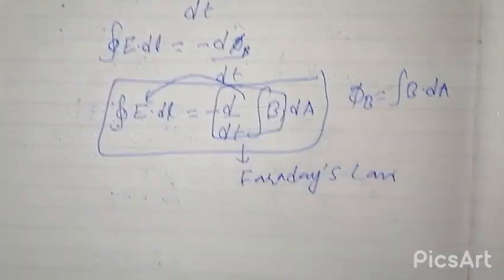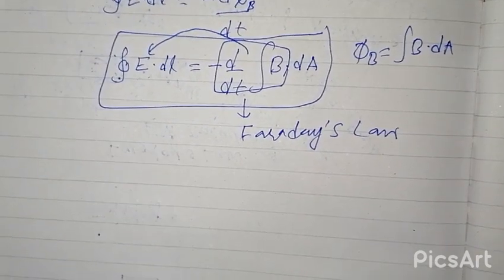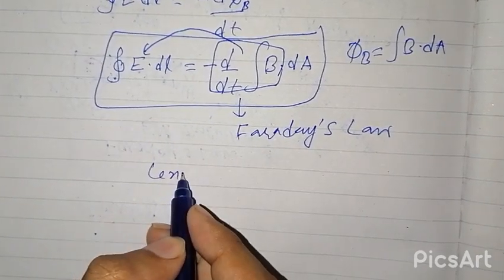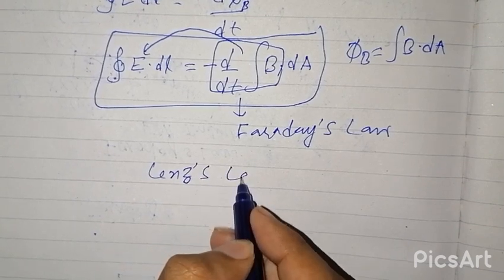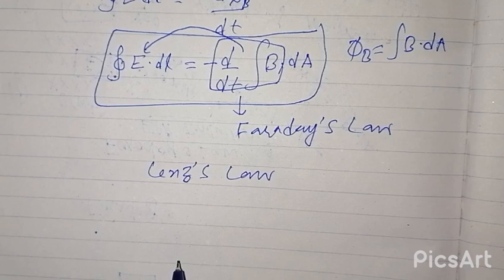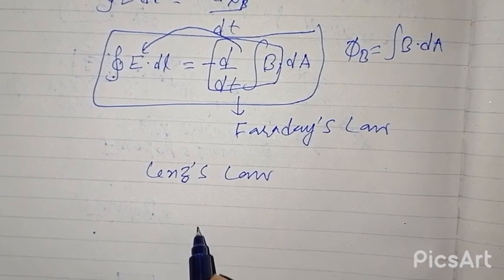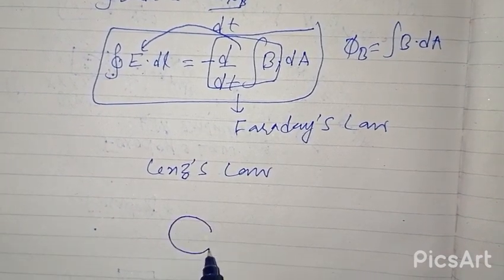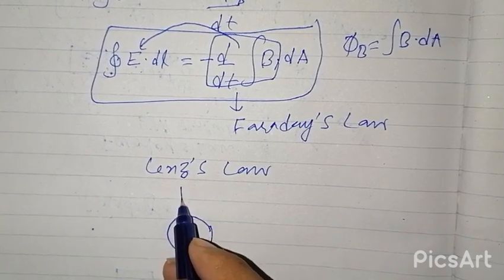So now we will discuss Lenz's law. Lenz's law says that, for example, we have a coil and we have a bar magnet.